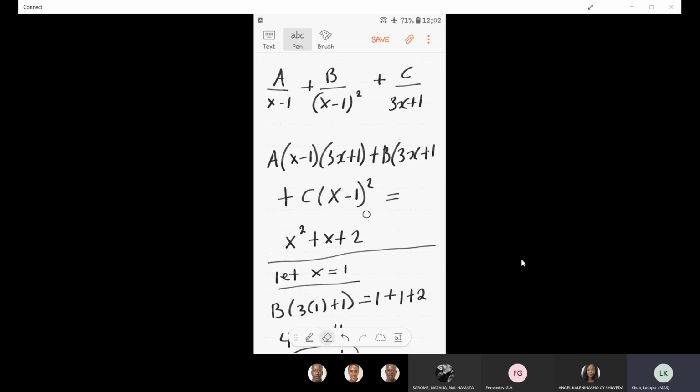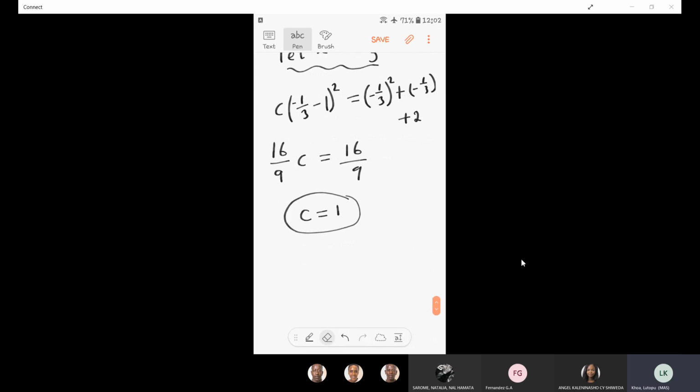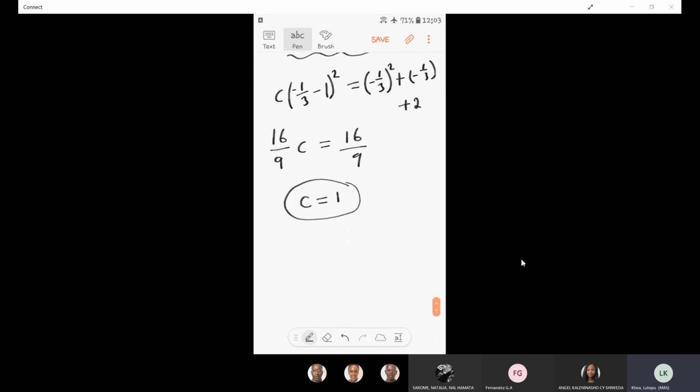If I substitute 1, you will notice that A disappears with C. And if I substitute minus 1/3 to get rid of that one, A also disappears. So I use what I did previously. I can say let x equal to 0 because it's easy to work with 0. So we let x equal to 0.